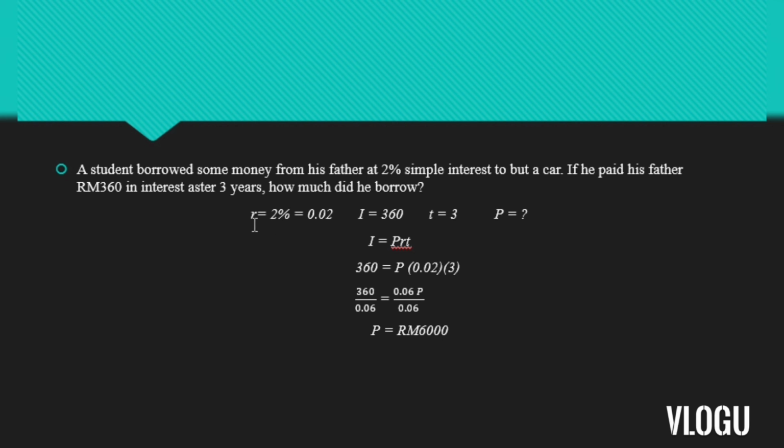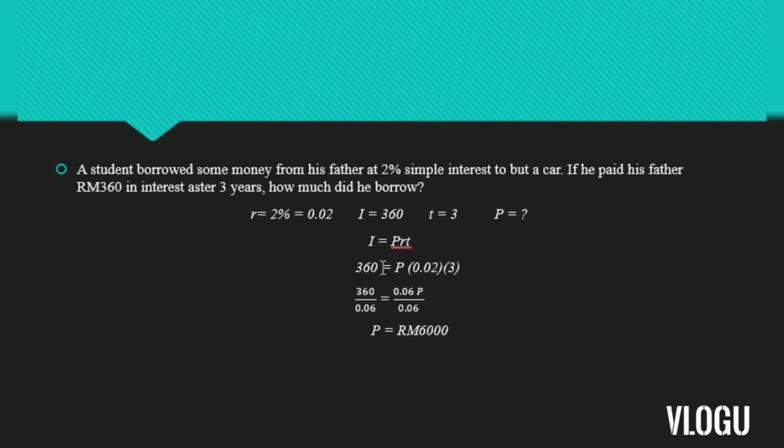So the interest rate for this question is 2%, the interest is 360 ringgit, and the time period is 3 years. So we need to find the principal.